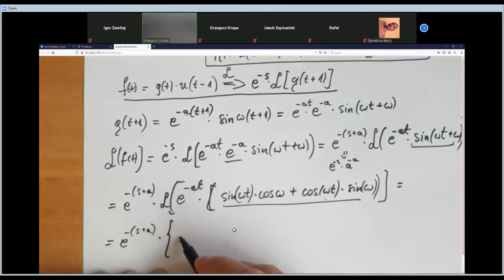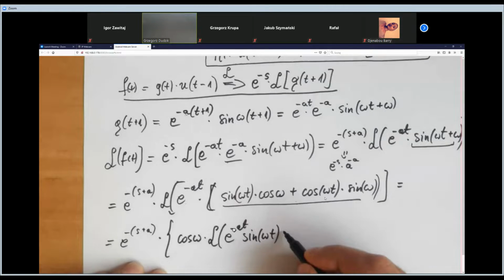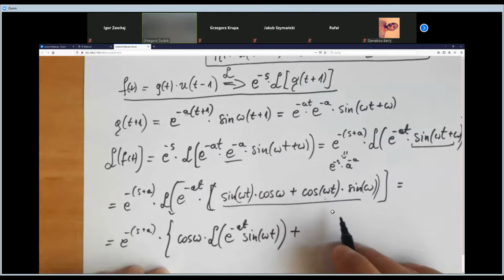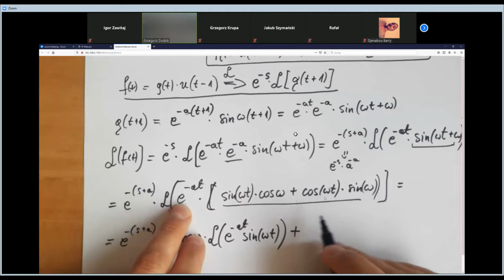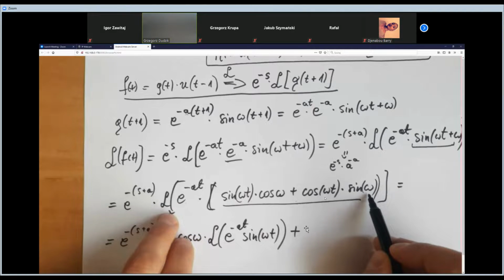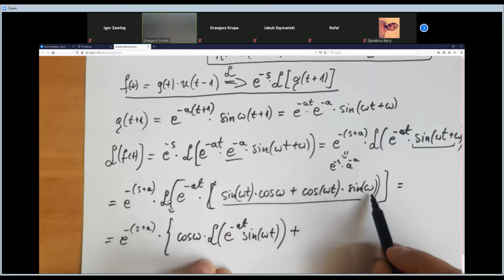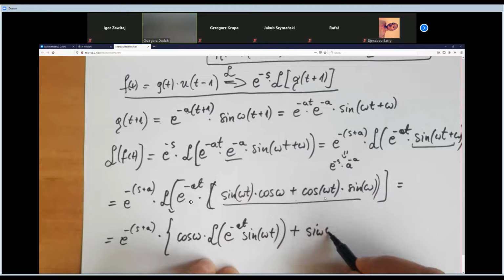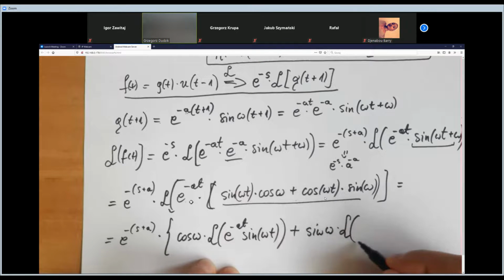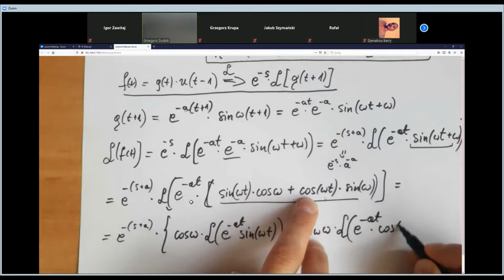So we've got cosine omega times the Laplace transform of e to the power minus a t times sine omega t, plus, and again, e to the power minus a t times cosine omega t times sine omega, and the Laplace transform of it is the same. However, in this case, the constant value is sine omega. So sine omega goes before the Laplace transform, and this is equal e to the power minus a t times cosine omega t.